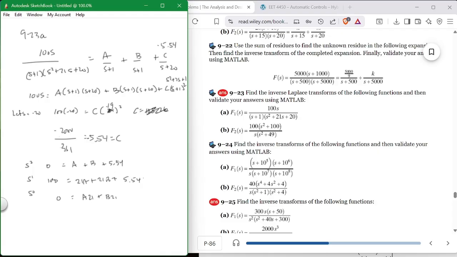And this is times 2. So there's 2 here, 21 there and 21 there. There's this 5.54 times 2, A times B plus B times B plus 5.54. There's one constant over here, and C is 5.54.